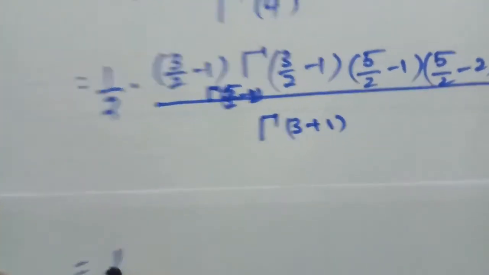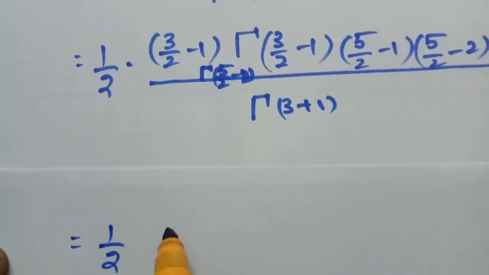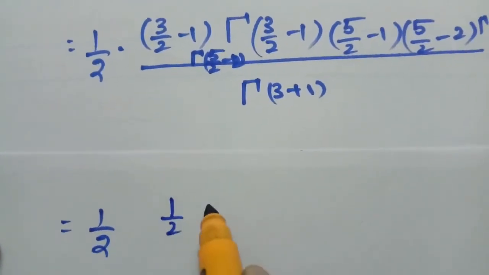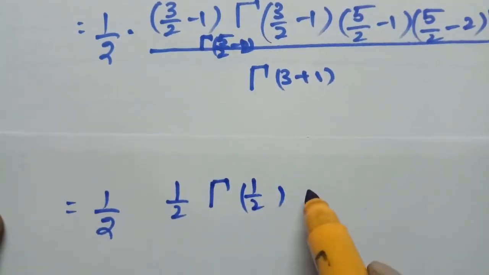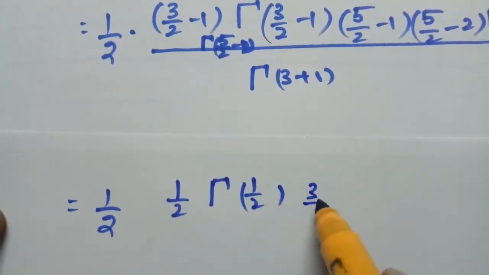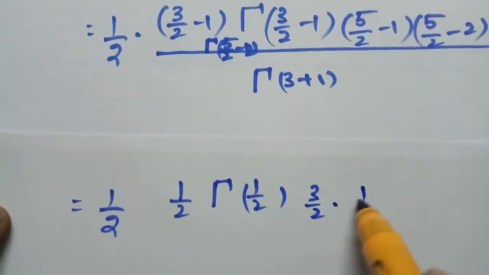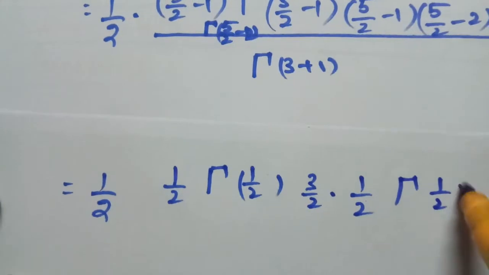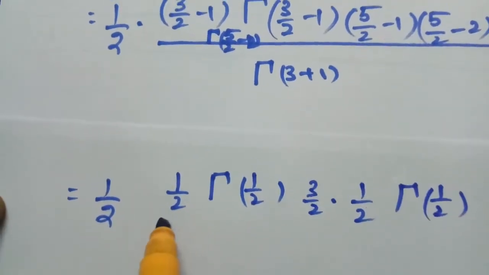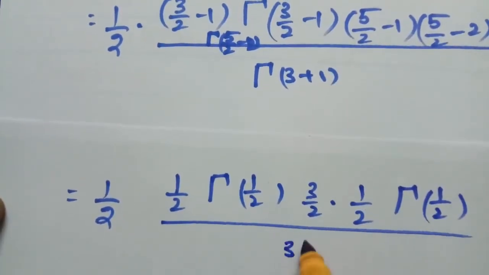This is equal to 1 by 2 times 3 by 2 minus 1, 1 by 2 into gamma 1 by 2, 5 by 2 minus 1, that is 3 by 2 into 5 by 2 minus 2, 1 by 2 into gamma 5 by 2 minus 1 minus 2, 1 by 2, by 3 factorial.